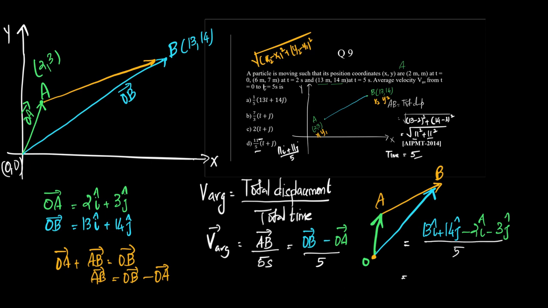Bringing the i components together, 13 minus 2 is 11 i cap, plus 14 minus 3 is 11 j cap, the whole upon 5. So this is the V average vector.